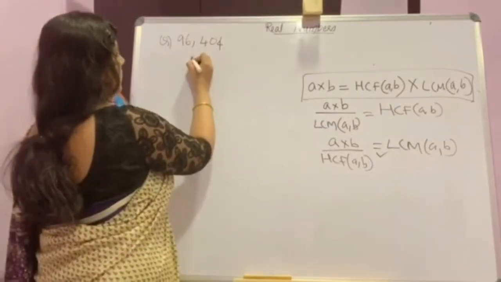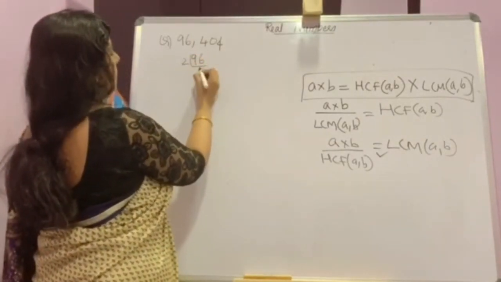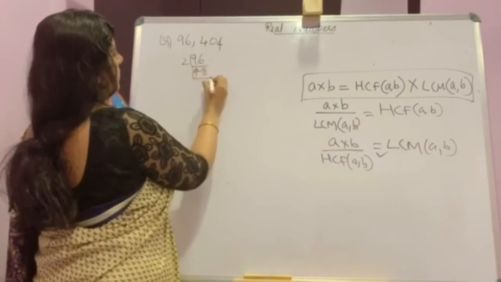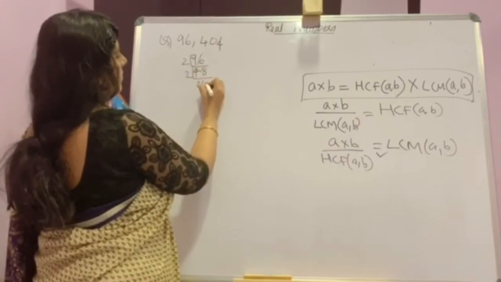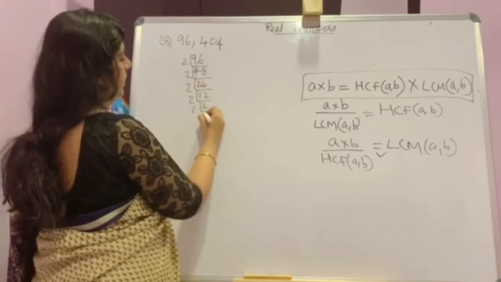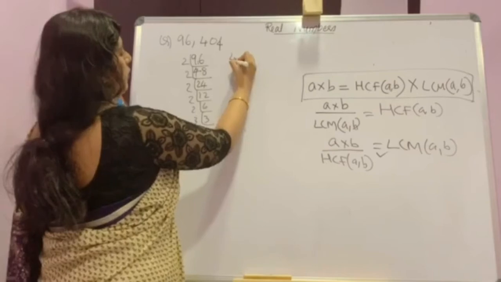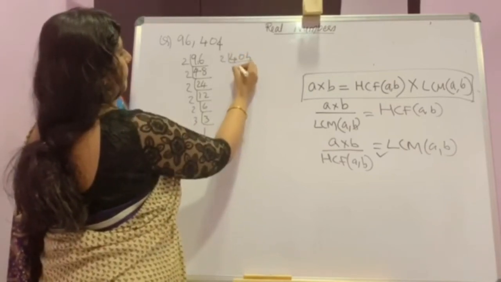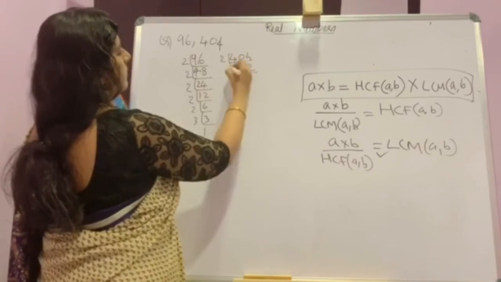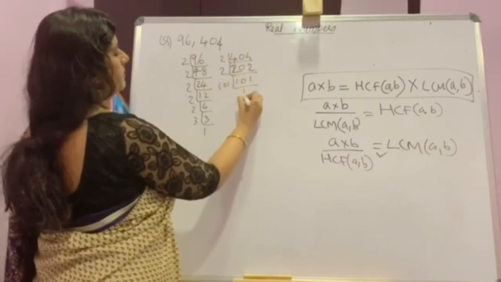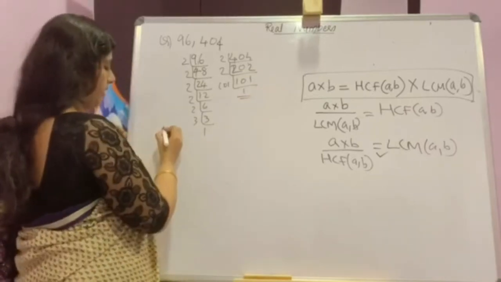So let us factorize it. 2, 12, 2, 6, 2, 3. Now 404 is 4 into 101, and 101 is prime.